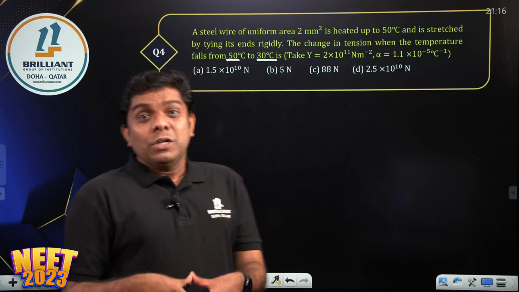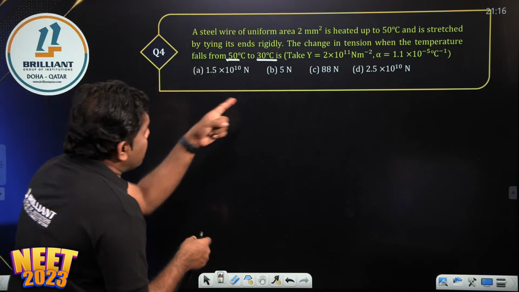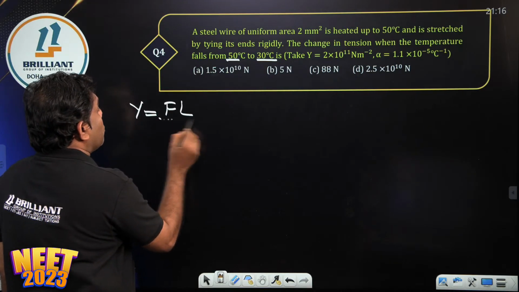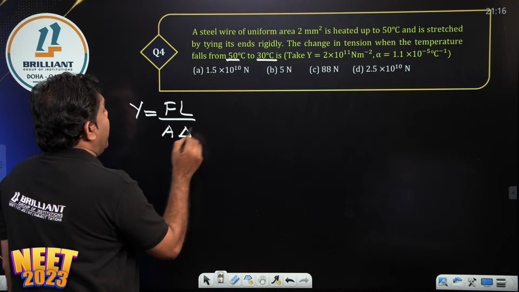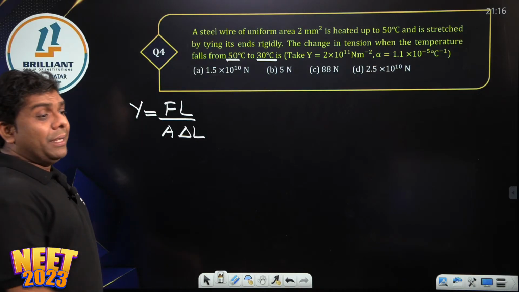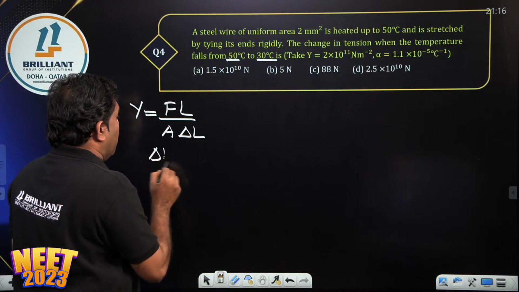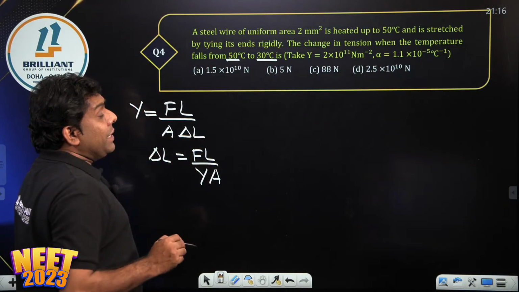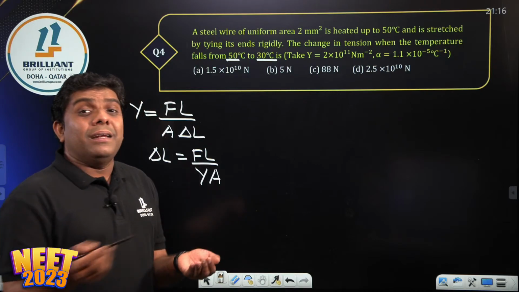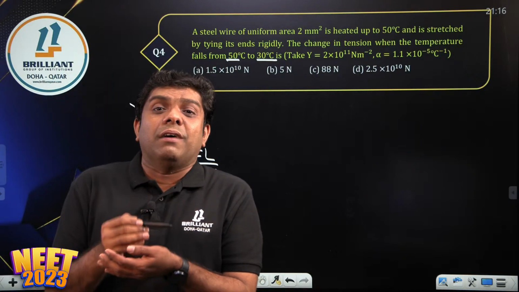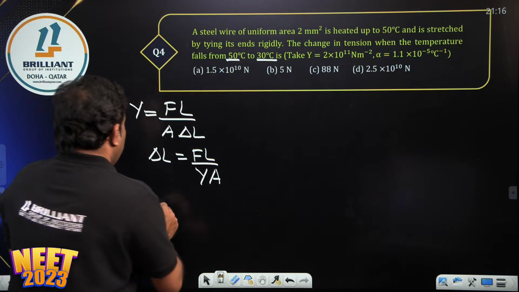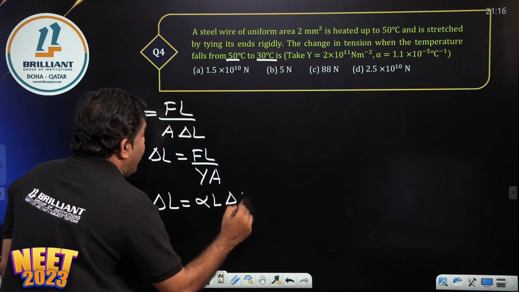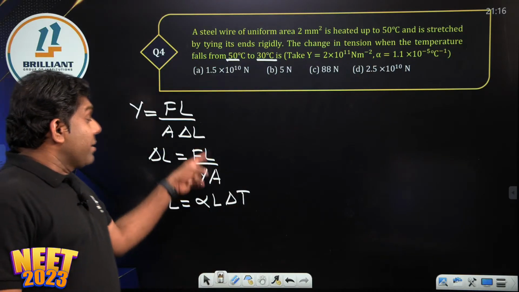So first, for Young's modulus, we have the formula Y is equal to FL by A delta L. So I can write delta L is equal to FL divided by YA. In the same manner we have a delta L equation in the case of thermal expansion also: delta L is equal to alpha L delta T. So we can relate these two.